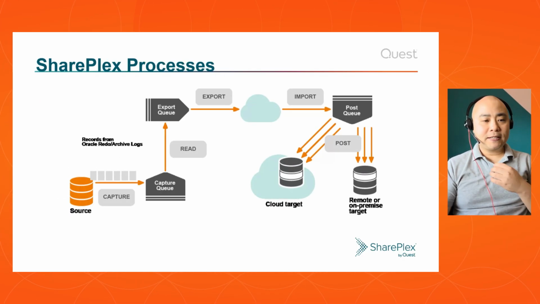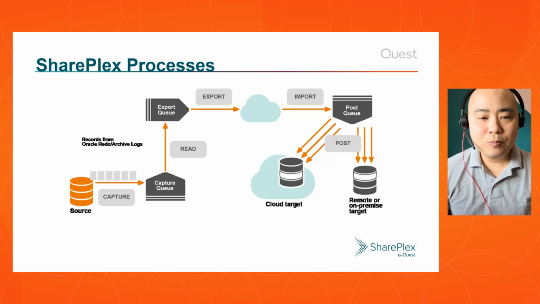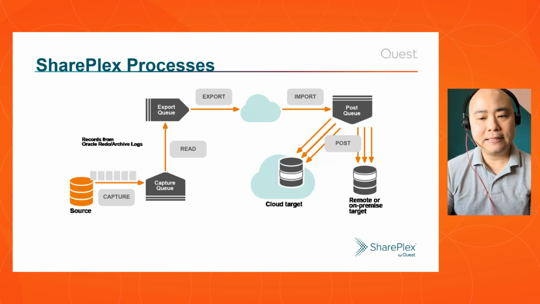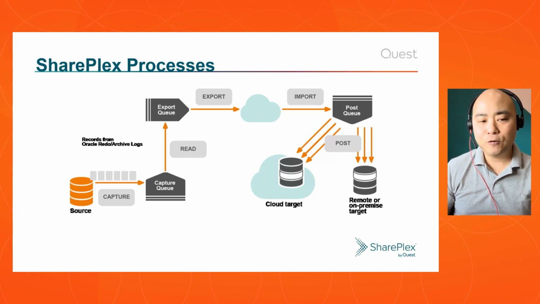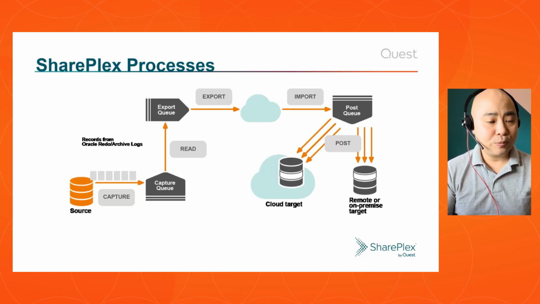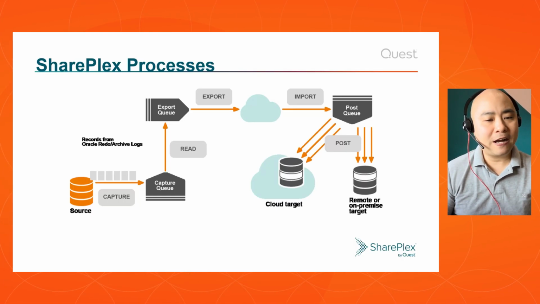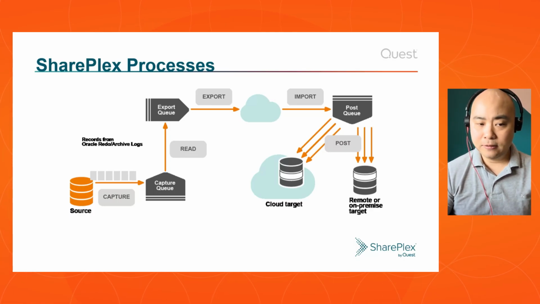Okay, let's start. So you might have seen this image a few times. This describes the data flow for the SharePlex processes. We have 5 main processes in the replication.